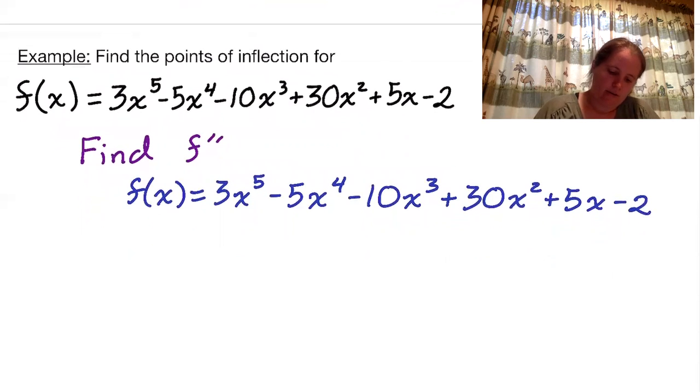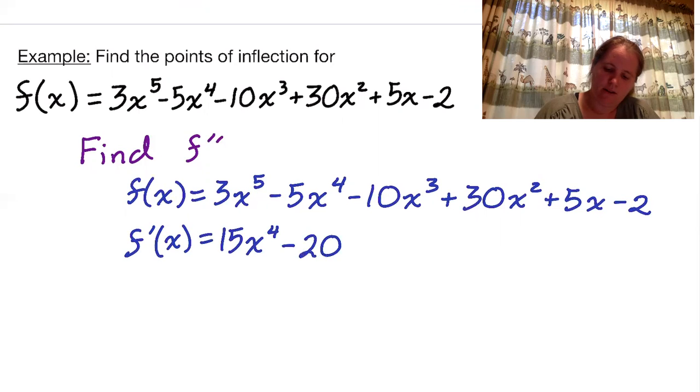So our first derivative becomes 15x to the 4th minus 20x cubed minus 30x squared plus 60x plus 5.